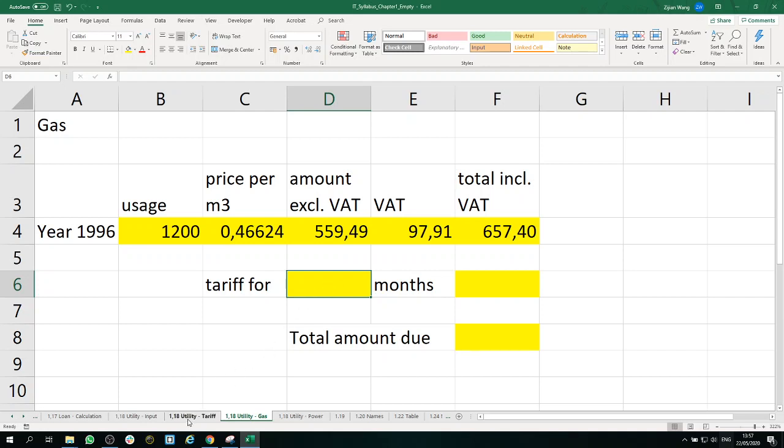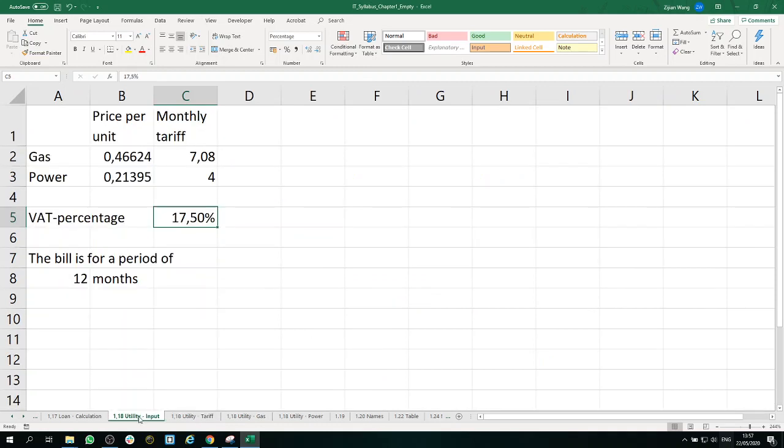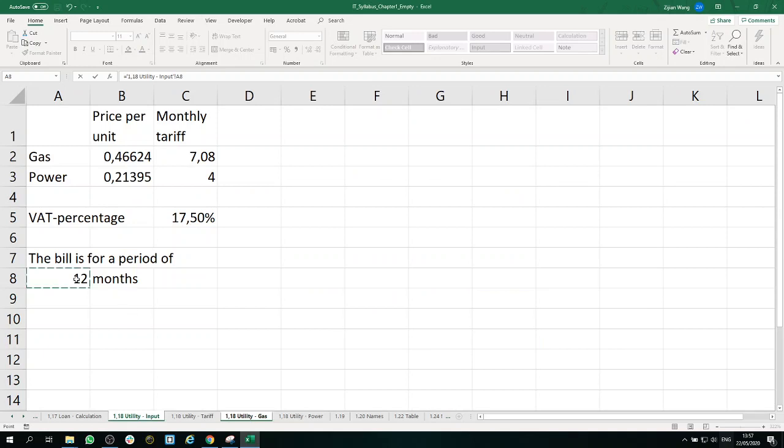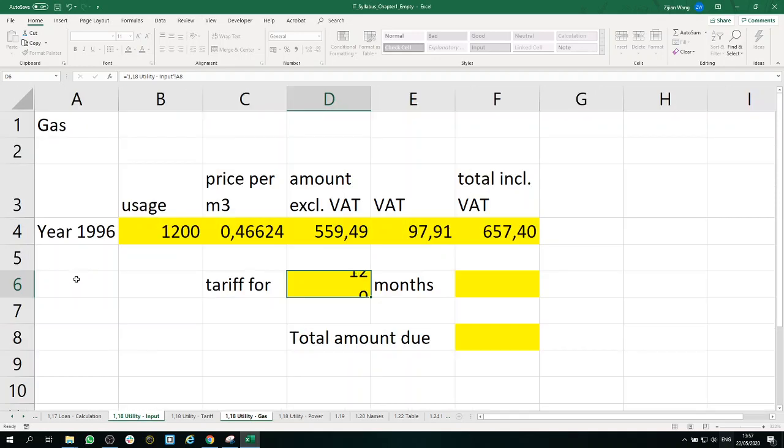So where is the number 12? It's here. The bill is for a period of 12 months. It's in the input sheet in the cell A8. Okay, let's refer to A8 in the input sheet. Press enter. We have 12 months.